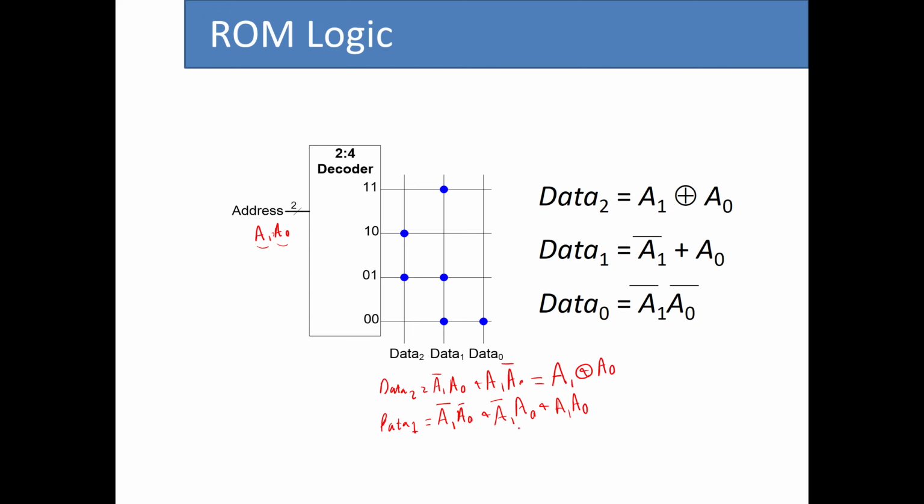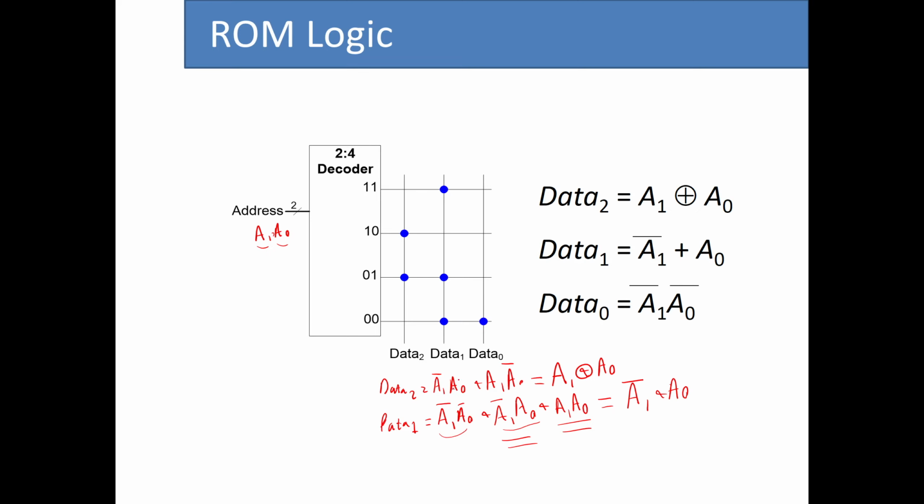So as you can see, you can simplify this equation. Between this term and this one, A1 bar is common. Between this term and this one, A0 is common, right? So you can just repeat this term one more time and then do the simplification. And if you do that, this is going to be in fact A1 bar plus A0. But even this is fine. Basically, these two are practically the same function, even without the simplification.